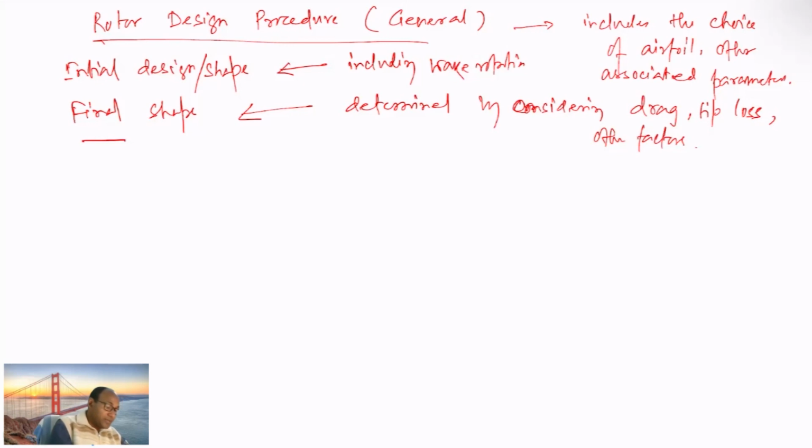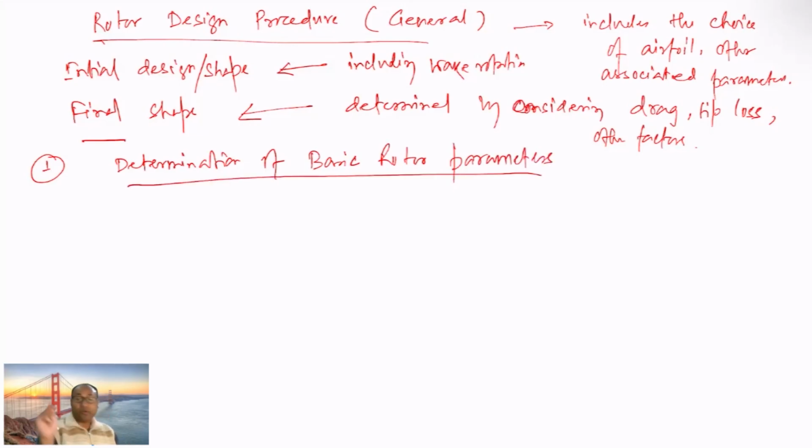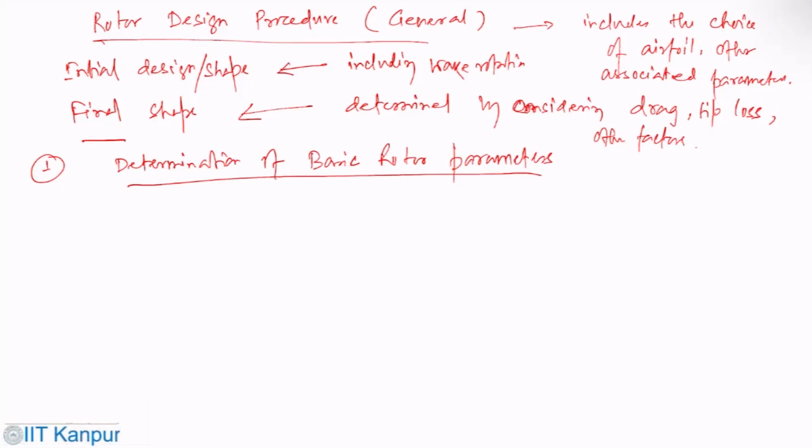So the first stage could be the determination of basic rotor parameters. That would be the first task to do. Once you get the basic parameters, you can find out the final parameters through iteration.